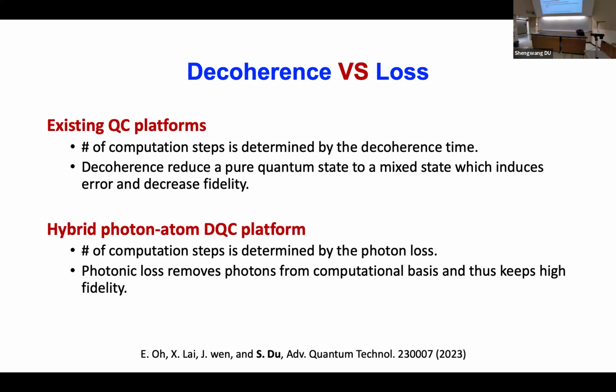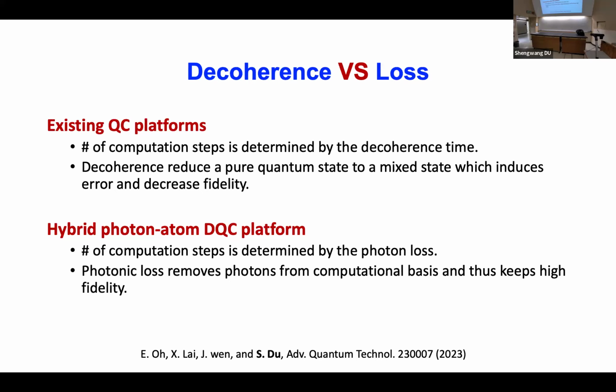The decoherence reduces the pure state into a mixed state, which increases the error and decreases the fidelity. But for this hybrid photon-atom distributed quantum computing platform, the number of computing steps is determined by the photon loss, no more than by the coherence of the atomic system. The idea is that once the two-qubit gate operation is done, you release the photon.